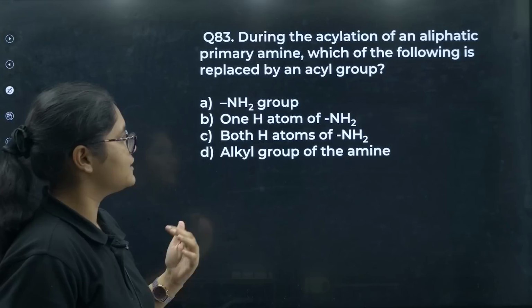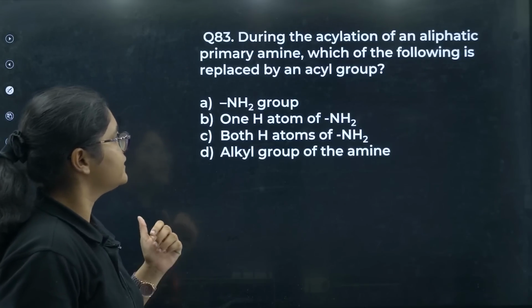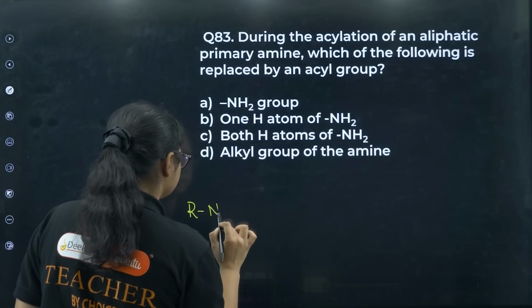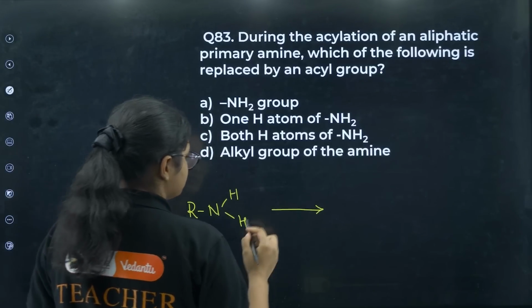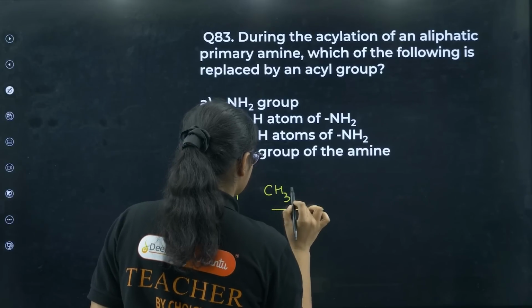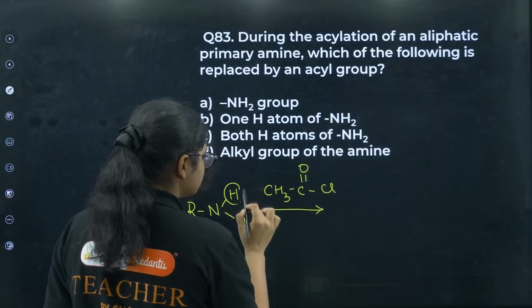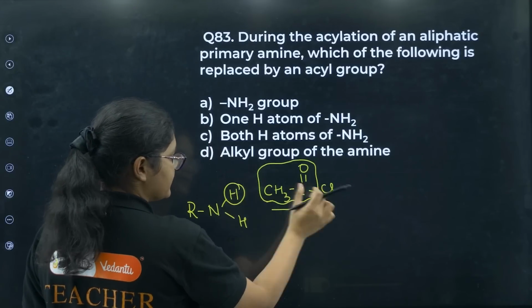Next, during the acylation of an aliphatic primary amine, which of the following is replaced by an acyl group? If you have RNH2 and we have here acylation, that is CH3COCl, what will happen here? H is replaced with COCH3, and HCl will form.